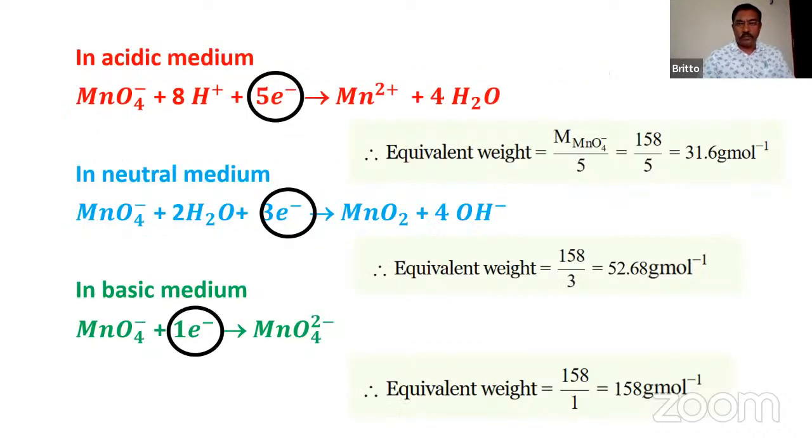Now remember, look at this one here. In acidic medium, molecular weight divided by 5 equals equivalent weight. So 5 into equivalent weight will give molecular weight in acid medium. Similarly, 3 into equivalent weight will give molecular weight in neutral medium. And in base medium, both are the same.